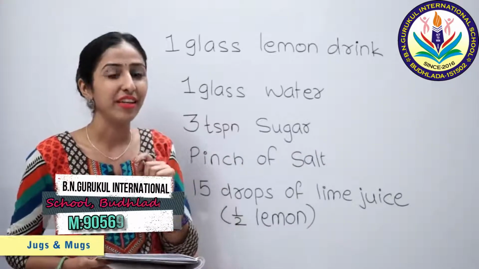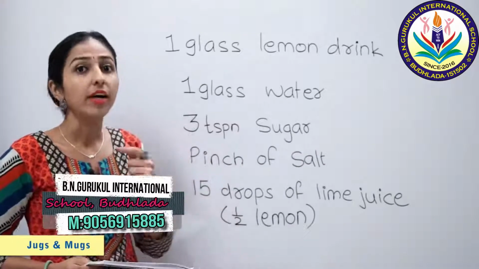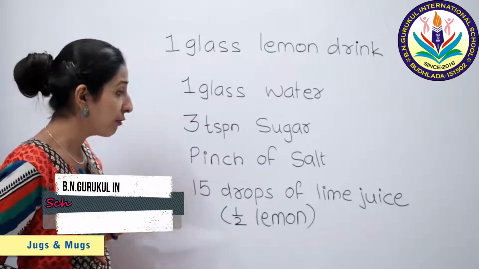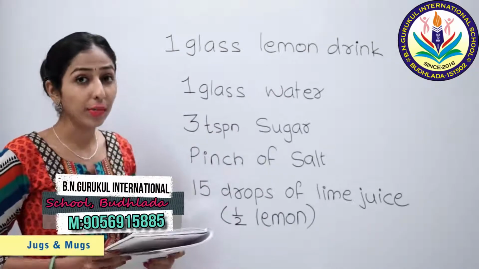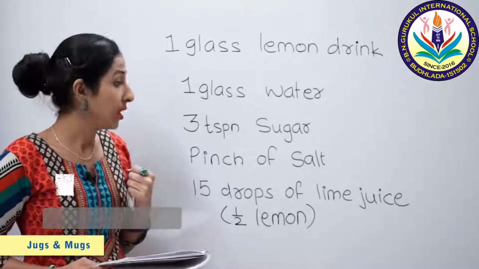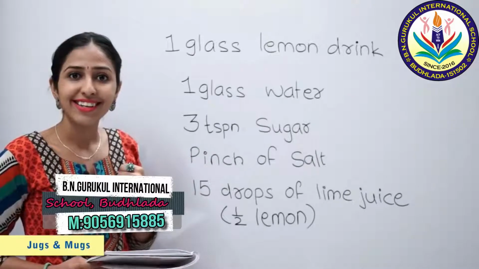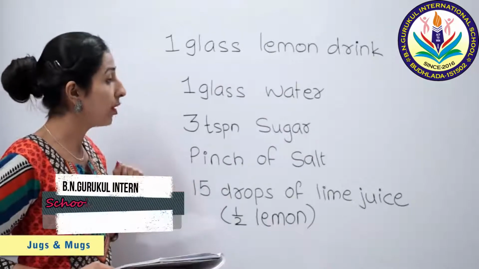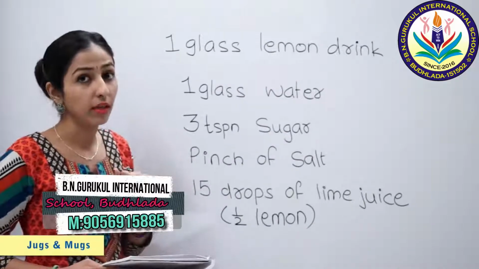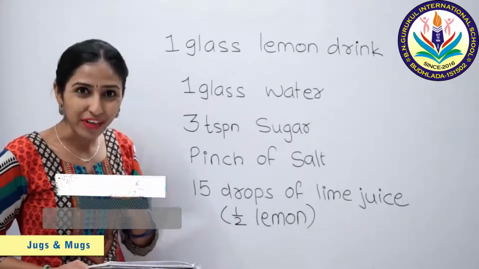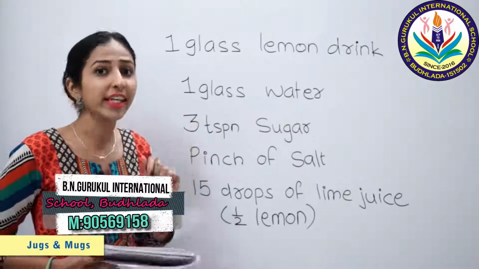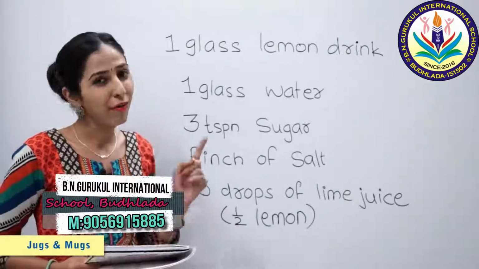Let's find out. From half a lemon, we got around 15 drops. So tell me students, how much juice we will get from full lemon? 15 drops from half a lemon. So we will get around 30 drops of juice from full lemon.